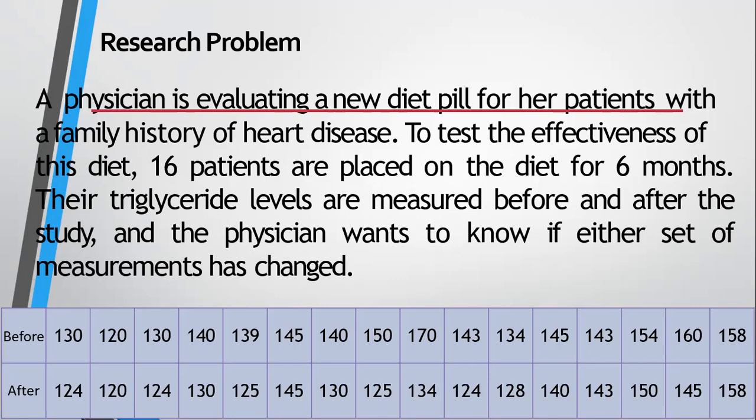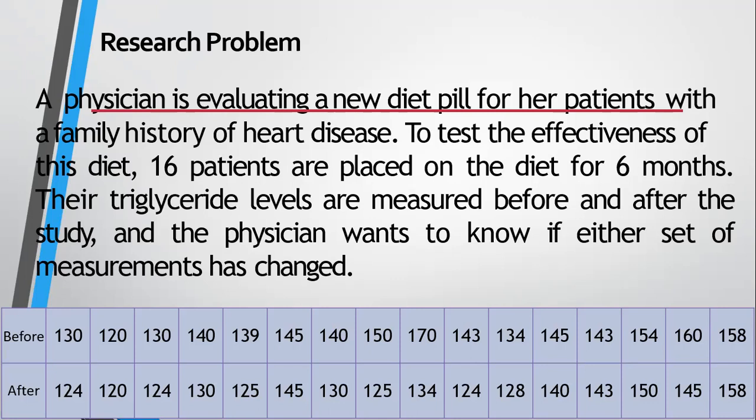So, i-check ang diet pill. So, the physician is evaluating a new diet pill for the patients with the history of heart disease. Again, to check for effectiveness in this diet, 16 patients are placed in the diet for 6 months.